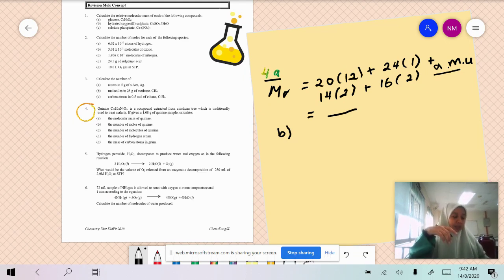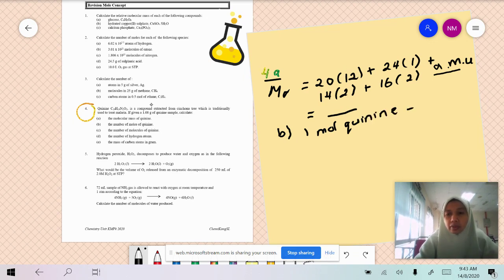If you calculate the molecular mass at the top, 1 mole of quinine has a mass of 324 gram. But do you have 324 in this case?